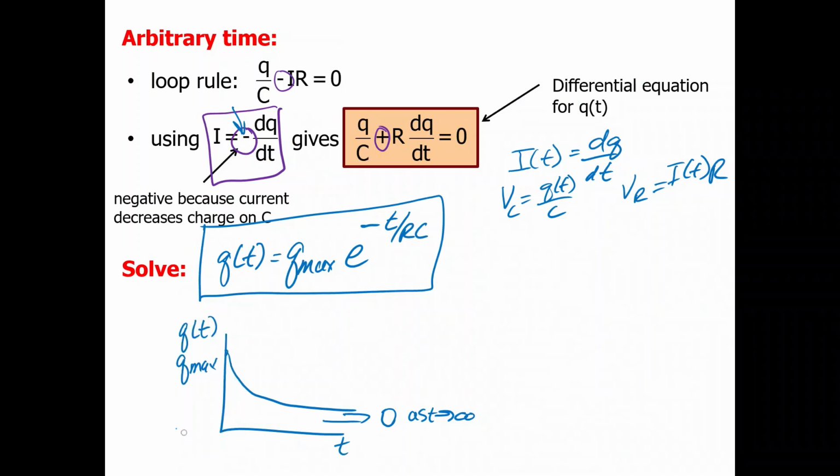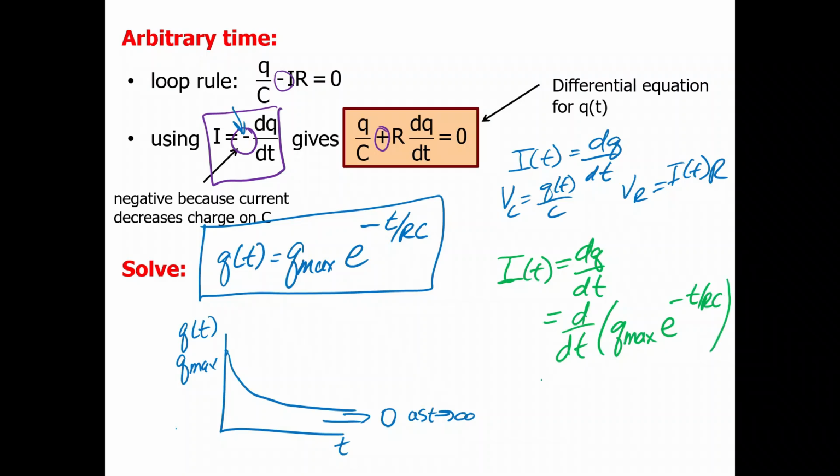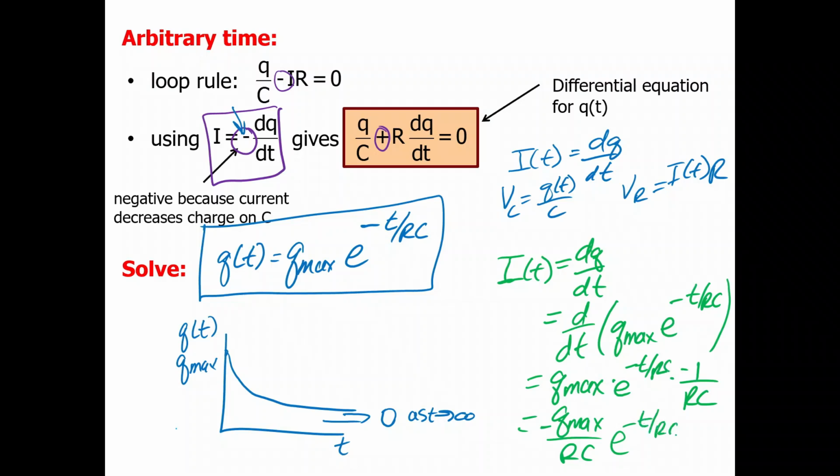If I wanted to find I of t, it is going to be dq dt, which is going to be d dt of q max e to the negative t over RC. So your q max will pull out in front, and then the derivative of an exponential is the same thing, plus a chain rule on the inside. So we're going to get negative q max over RC e to the negative t over RC.